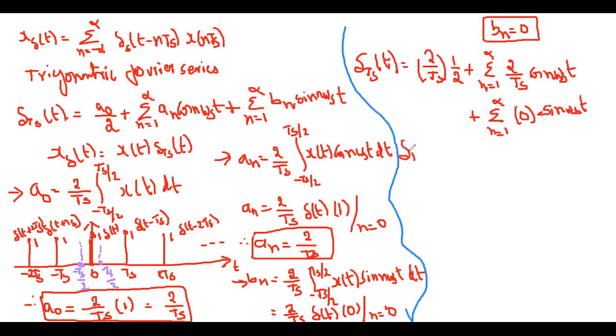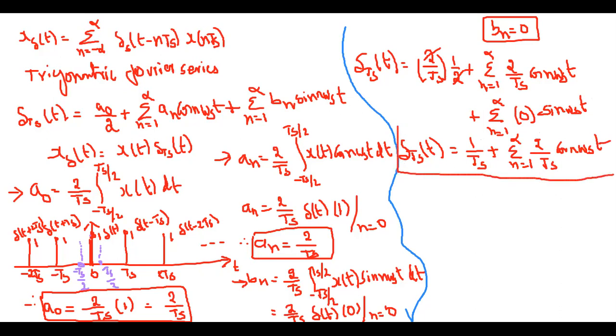Simplify this function, or rewrite the function delta ts of t. The 2 gets cancelled: 1 by ts plus sum of n is equal to 1 to infinity of 2 by ts into cos n omega s t. Got it, my students?